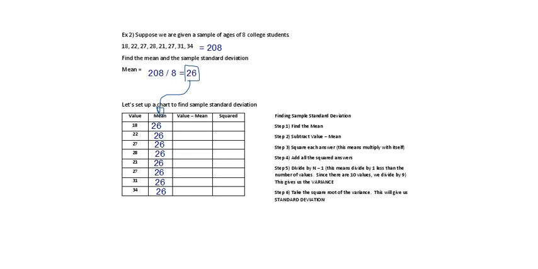All right, now for the next step, I would like to subtract across. So first, 18 minus 26 is negative 8. 22 minus 26 is negative 4. 27 minus 26 is positive 1. 28 minus 26 is positive 2. 21 minus 26 is negative 5. 27 minus 26 is positive 1. 31 minus 26 is positive 5.